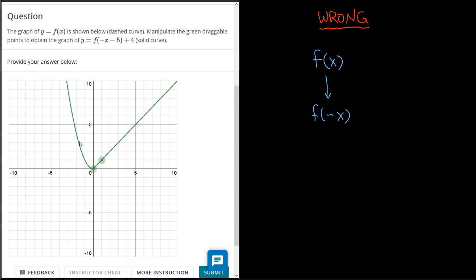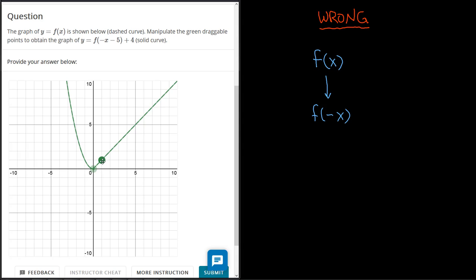But now I have to move the graph. The graph of f of negative x is not going to look like this anymore. What happens when you replace x by negative x? That's going to be a reflection across the y-axis, which means all the x-coordinates flip sign.